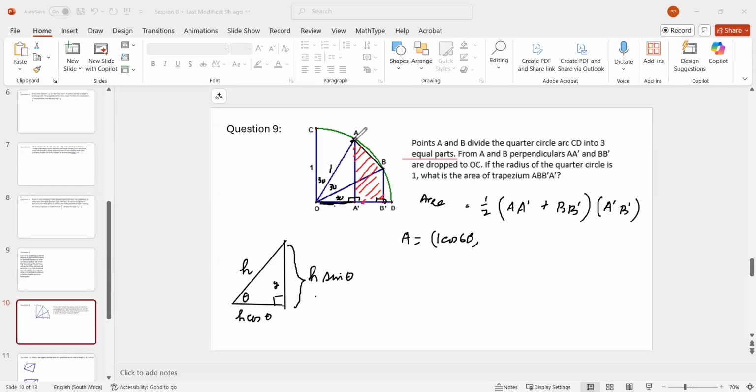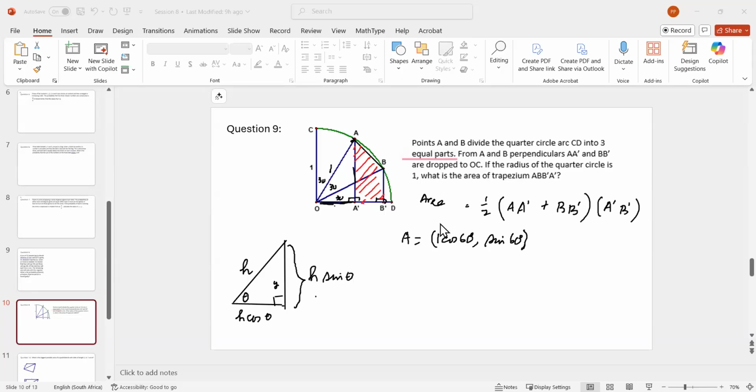Now that's the x-coordinate of A. And the y-coordinate is that one, AA prime. And that is opposite 60 in this right angle triangle. So it's 1 sine 60. From here now, it's h sine theta, h is 1 and theta is 60.